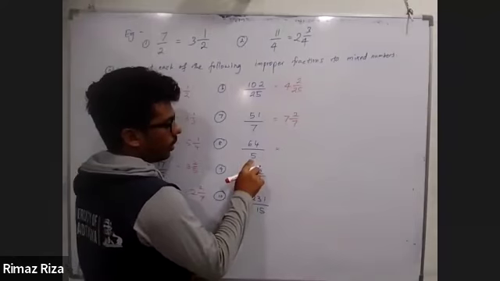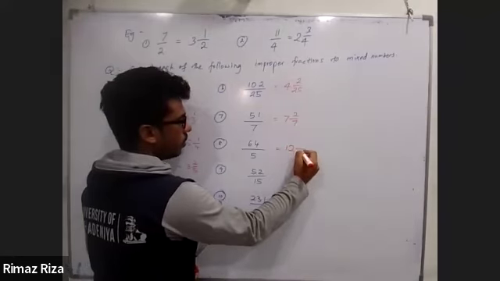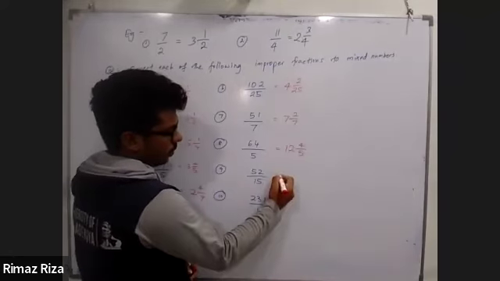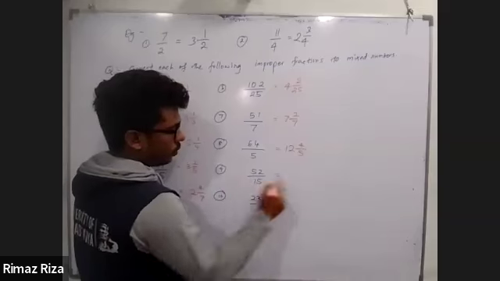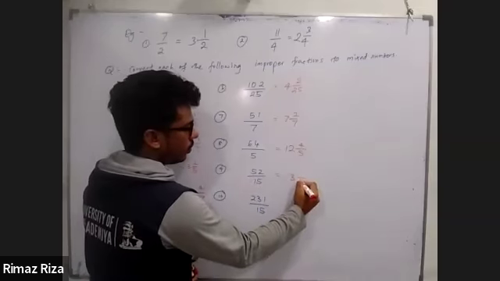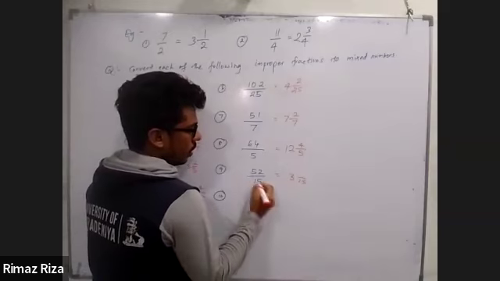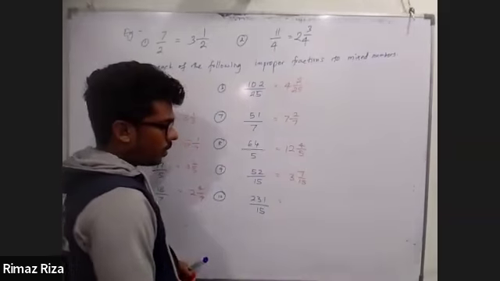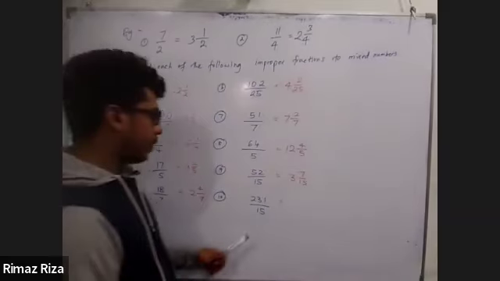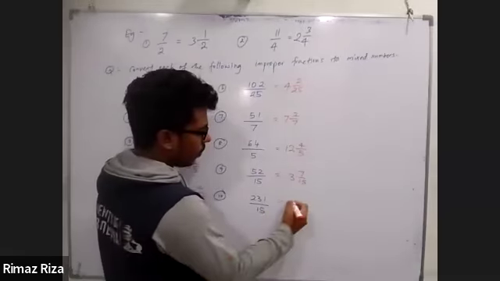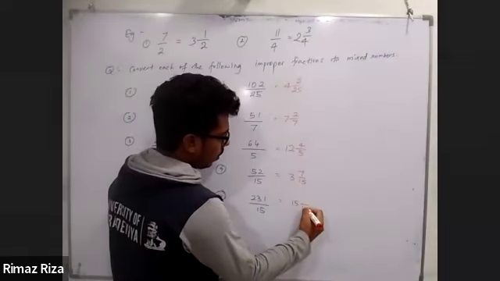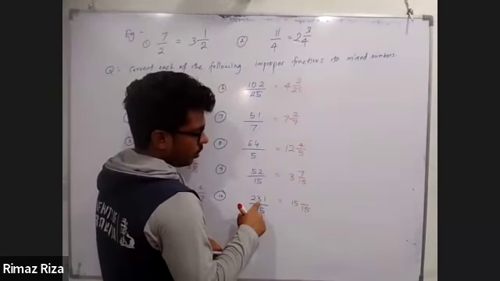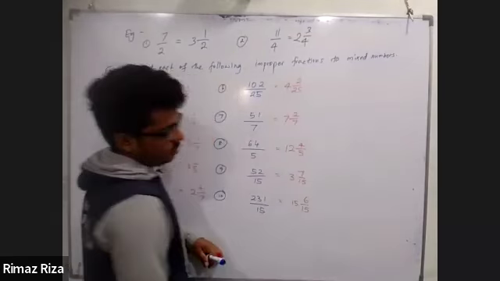So here we have 5 into 12 is 60 and remain 4. 15 into 3, 45 and another 7. And here 15 into 15 is 225 and 6. That's it.